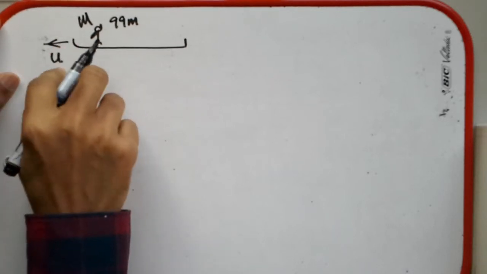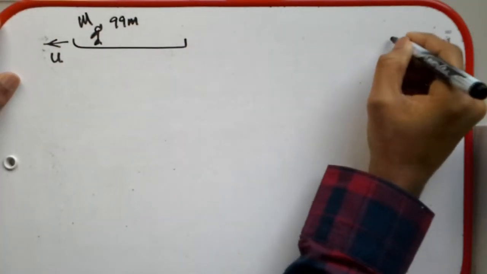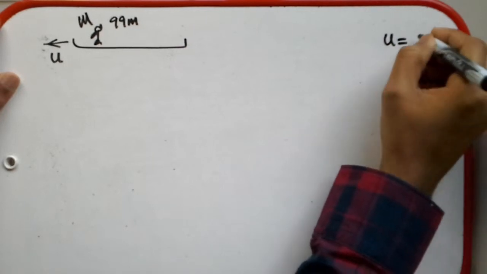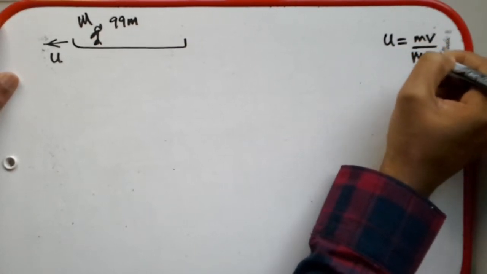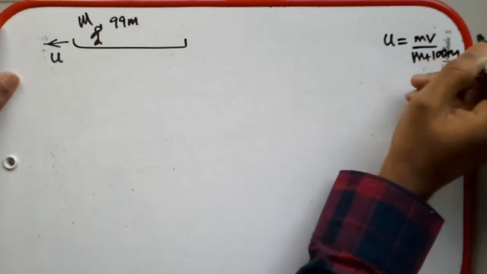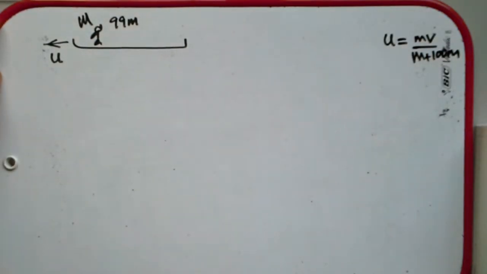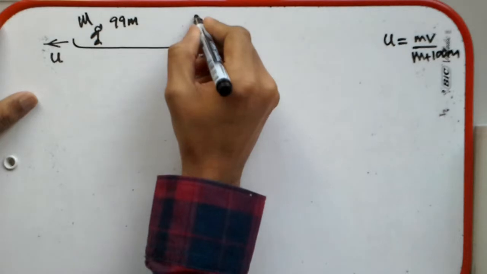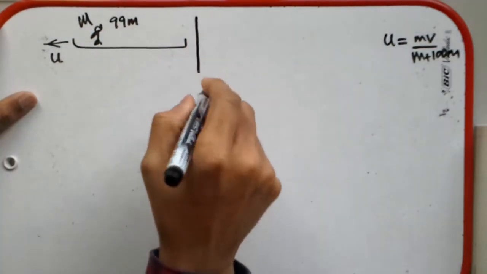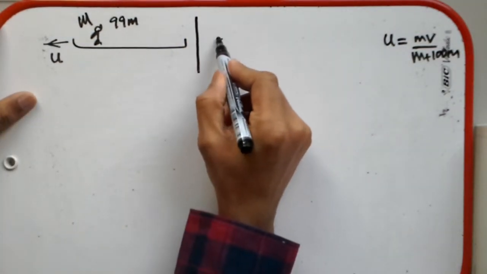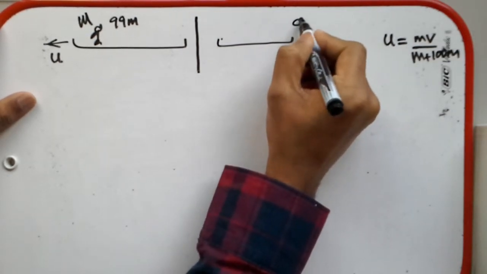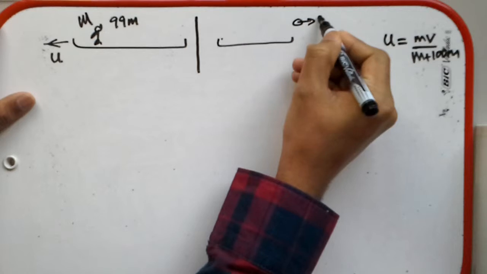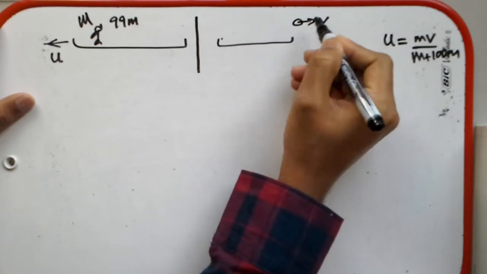You know this velocity, we just obtained this u, mv by big M plus 100 small m. Now he is throwing the second marble. Let's assume again he is throwing with the same speed v with respect to the cart.